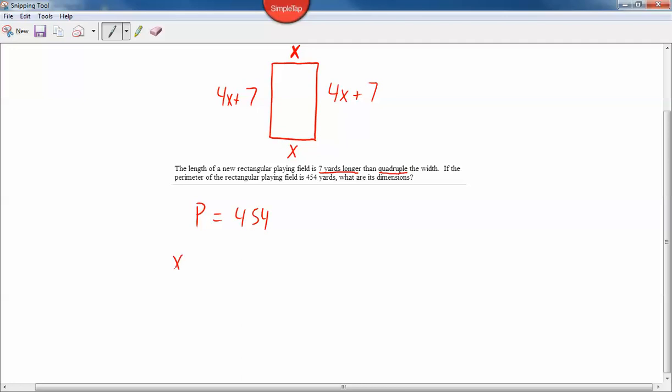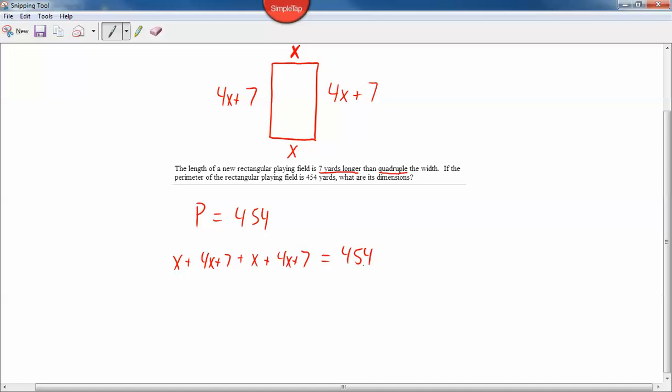So I have x, starting up here at the top, plus 4x plus 7 plus x plus 4x plus 7. So I've added all the sides up. So that has to be equal to 454.